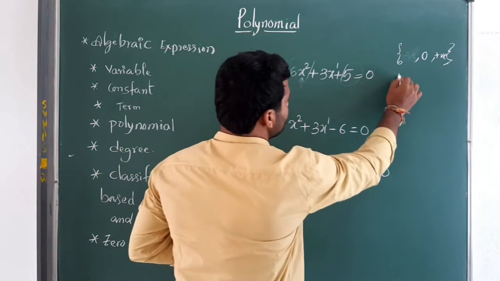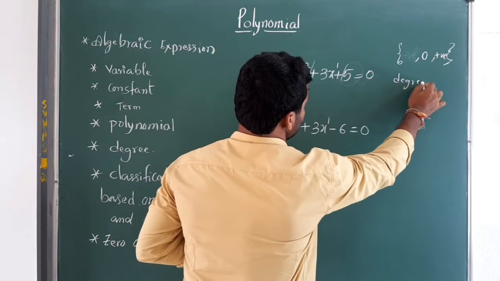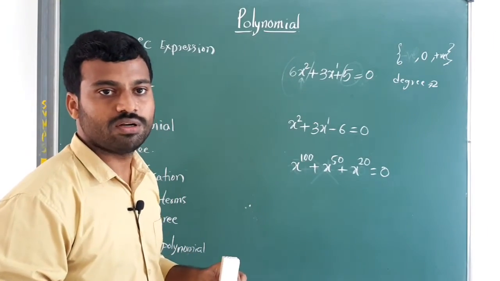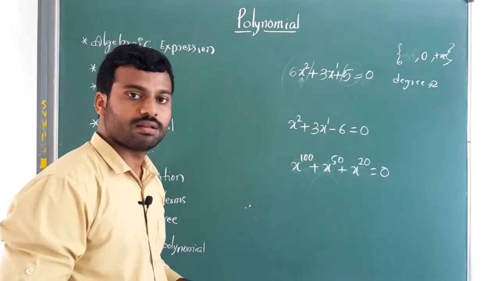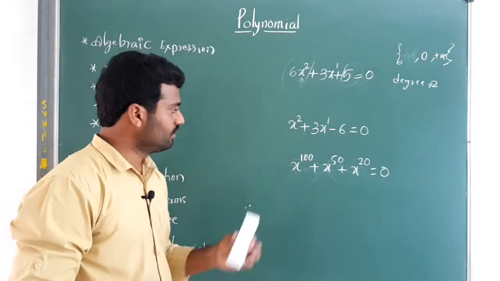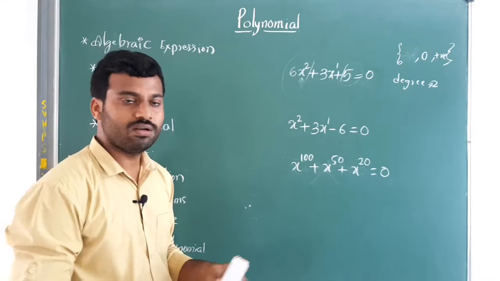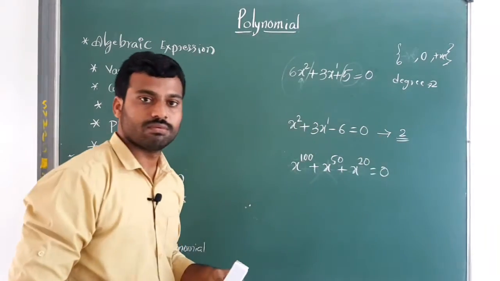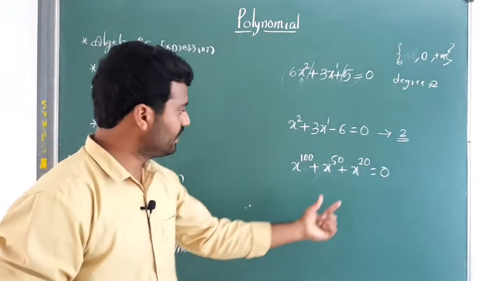So the degree of this polynomial is 2. Let us come to here. The power is 1, power is 2. In this the highest power is 2. So the degree of the polynomial is 2.